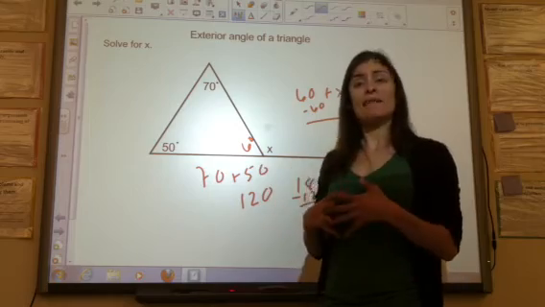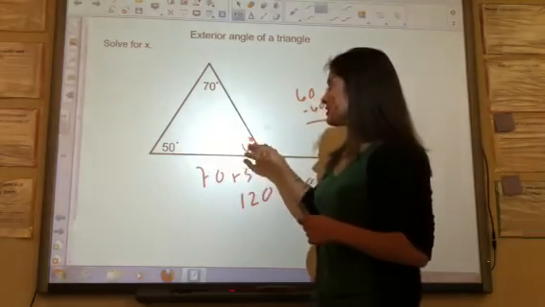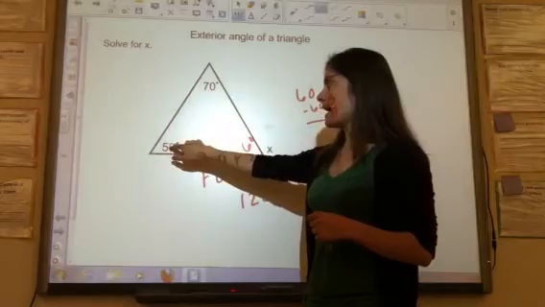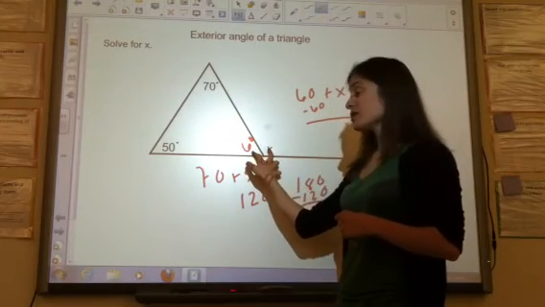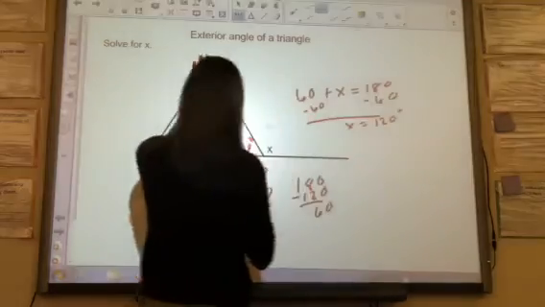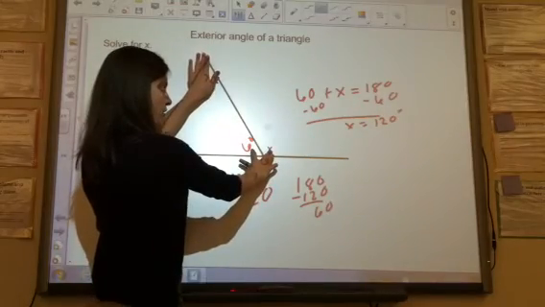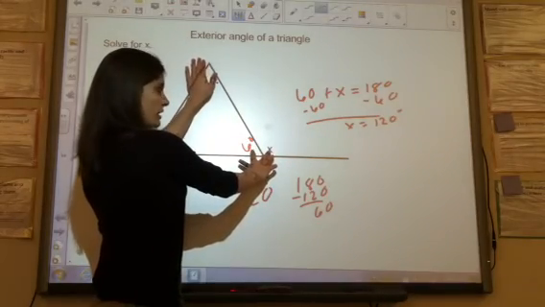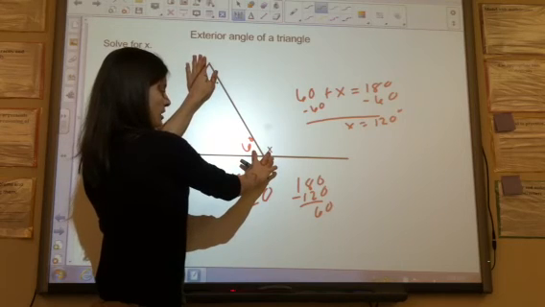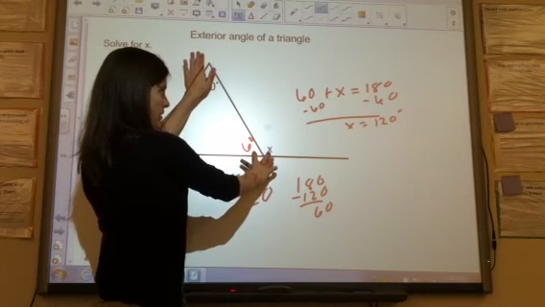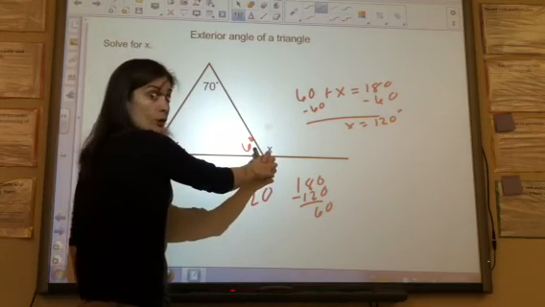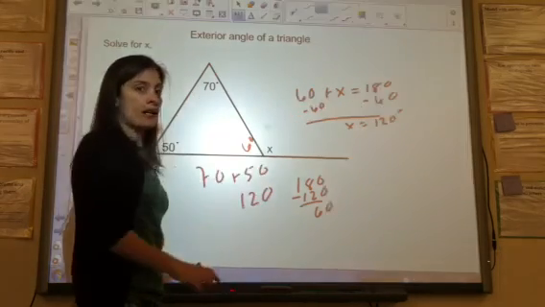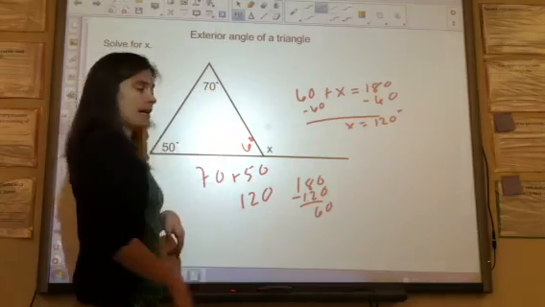And the reasoning behind that is because the three interior angles of a triangle add up to 180 degrees, and supplementary angles add up to 180. If we were to ignore this part of the triangle, these two angles are more clearly supplementary. Therefore, the sum of these two angles is always going to equal the exterior angle that neither one of these angles touch.